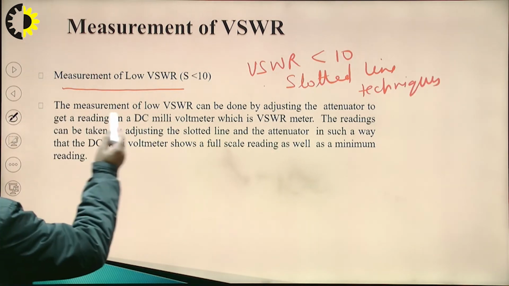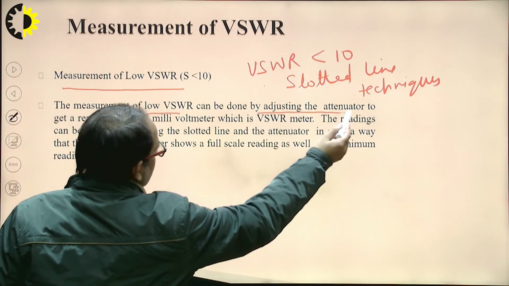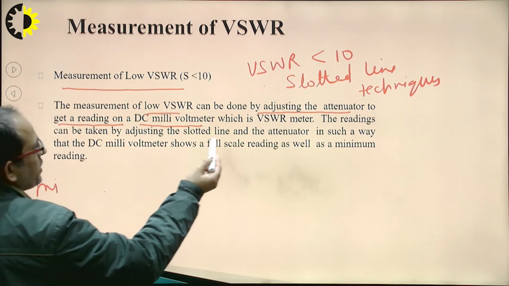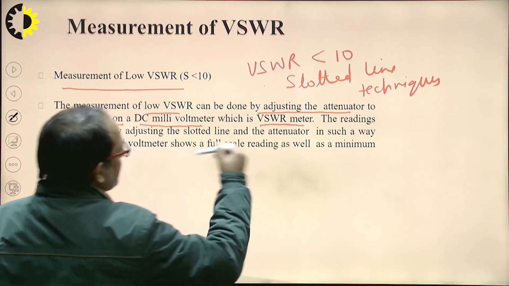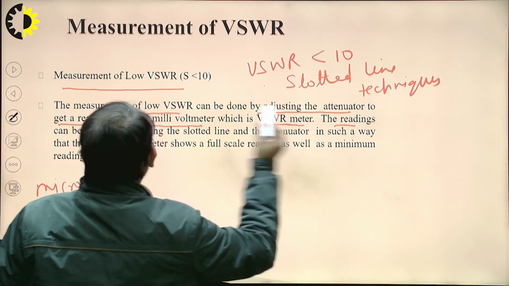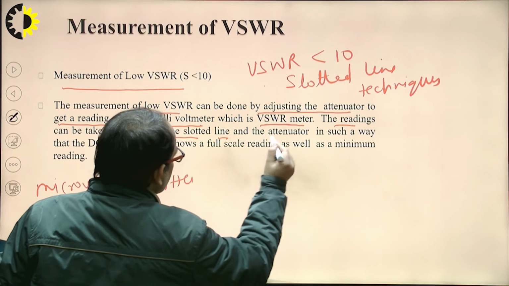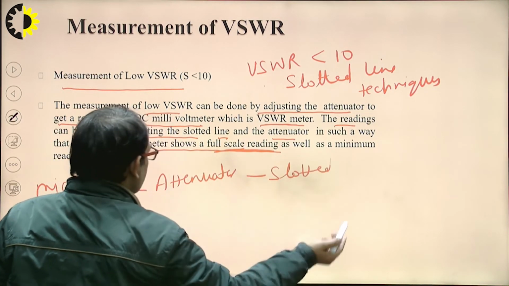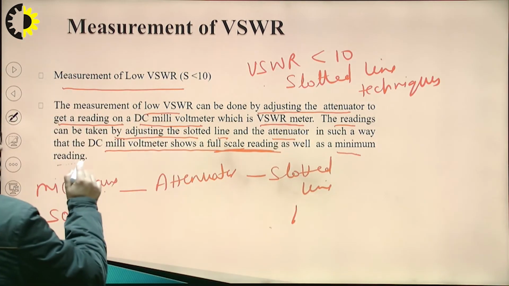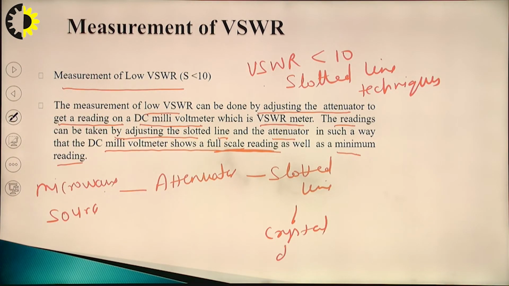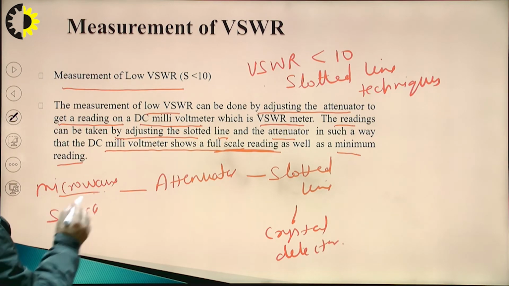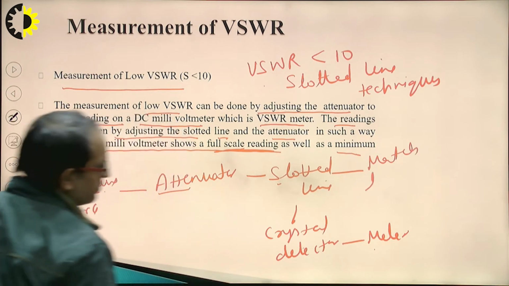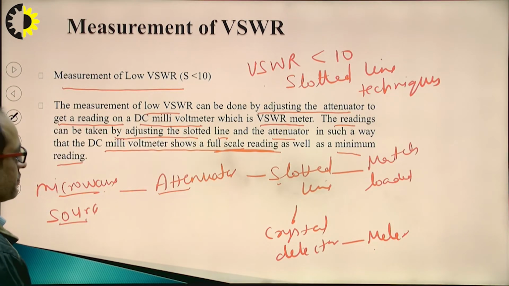The measurement of low VSWR can be done by adjusting the attenuator to get a reading on the DC millivolt meter, which is a VSWR meter, and the readings can be taken by adjusting the slotted line and the attenuator in such a way that the DC voltmeter shows a full scale deflection as well as a minimum reading. Now this I have already told you: microwave source, attenuator, slotted line section, crystal detector, and the VSWR meter.